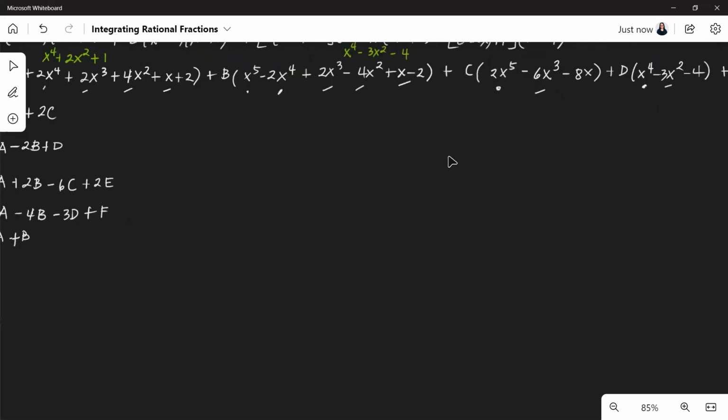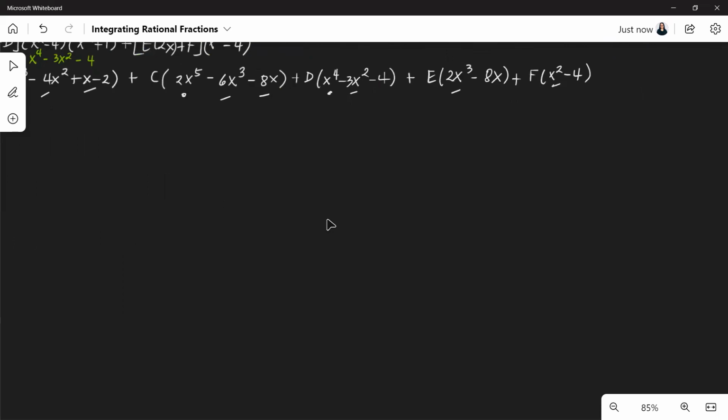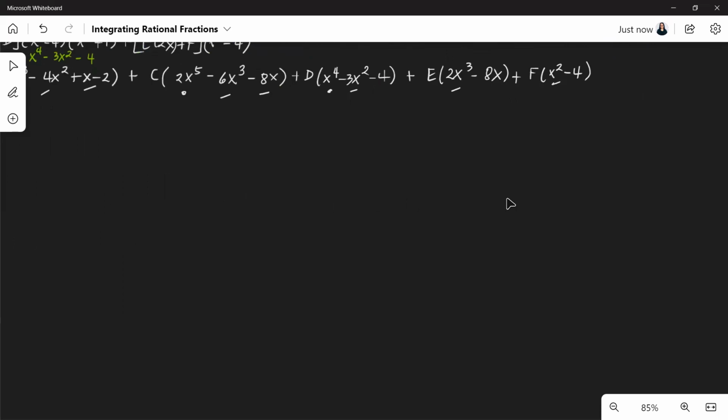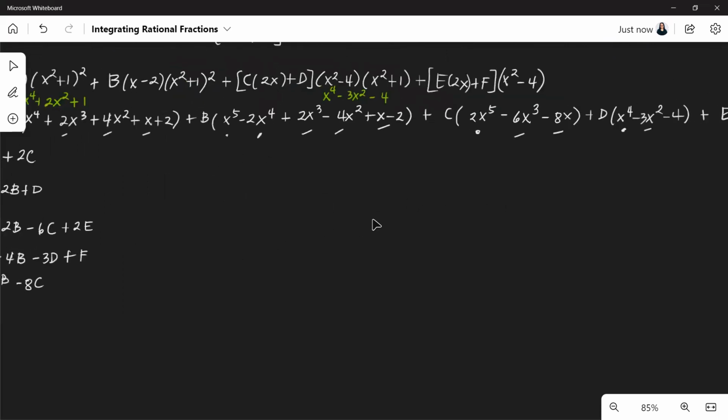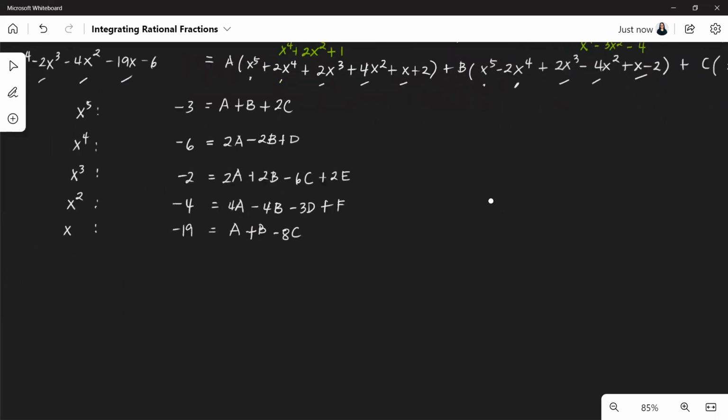And then we have minus 8c. And we have the constant terms. Okay, negative 6 on the left side. We have 2a on the right side.